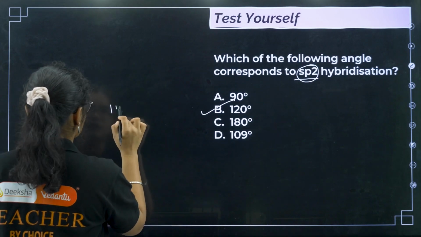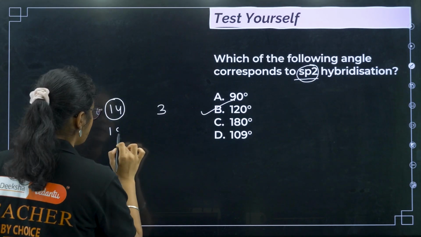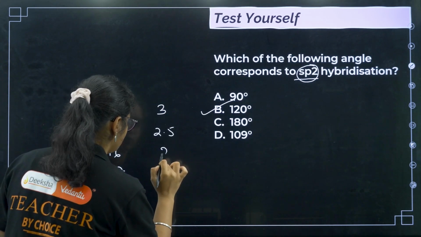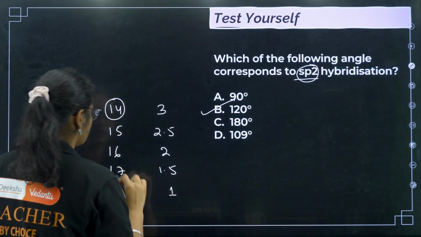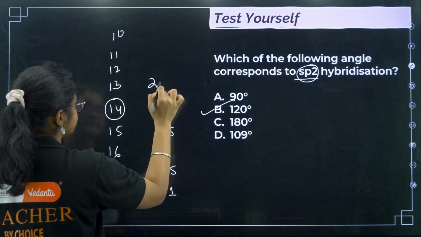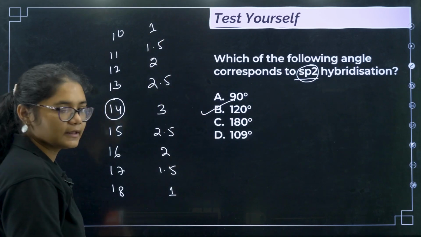If the total number of electrons is 14, the bond order will be 3. Then if you go ahead, it will be 2.5, 2, 1.5 and 1. Now if you go below 13, 12, 11 and 10, it is 2.5, 2, 1.5 and 1. Clear?